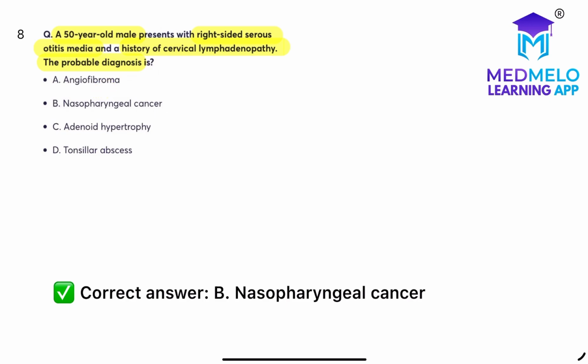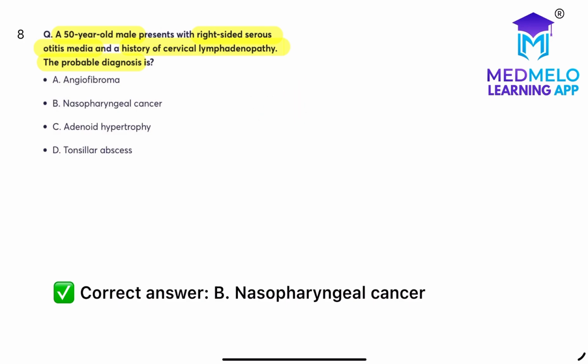In this question, we have a middle-aged man, a 50-year-old man, and he's having a unilateral serous otitis media, and cervical lymphadenopathy is there, and obvious upper respiratory tract infections are not there.